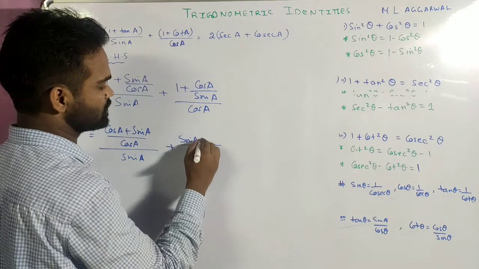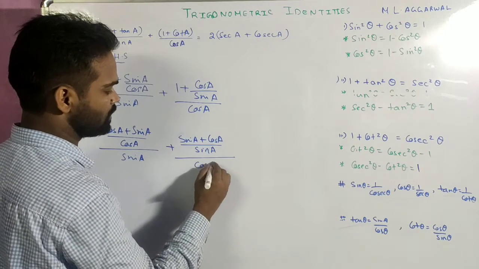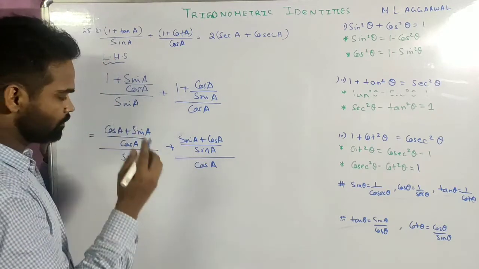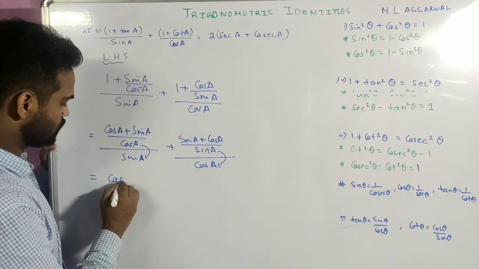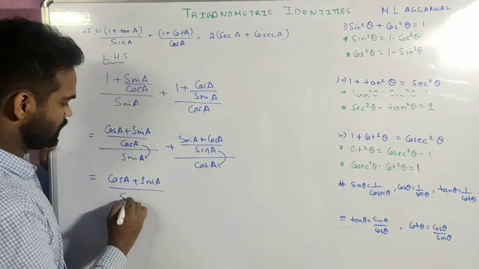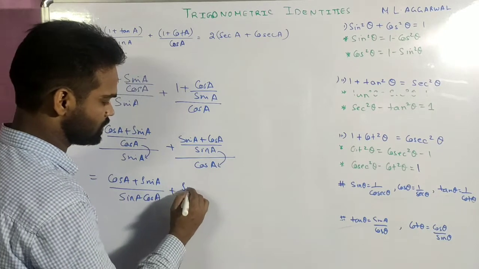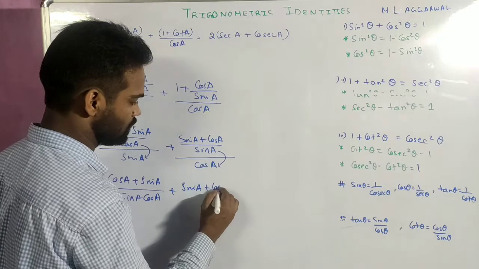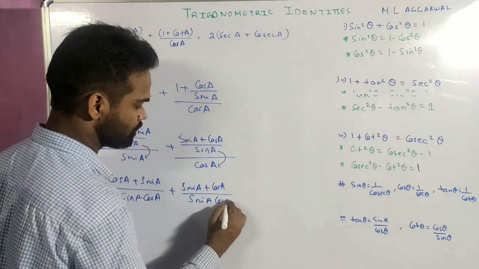So this becomes sine a plus cos a if I take sine a as LCM by cos a, isn't it? So these two are multiplied. We know this. So this becomes cos A plus sin A by sin A cos A plus sin A plus cos A by sin A cos A.